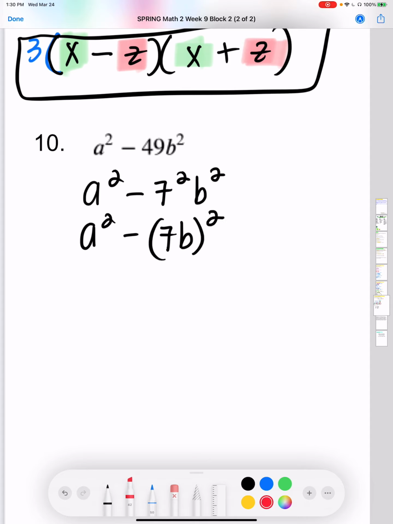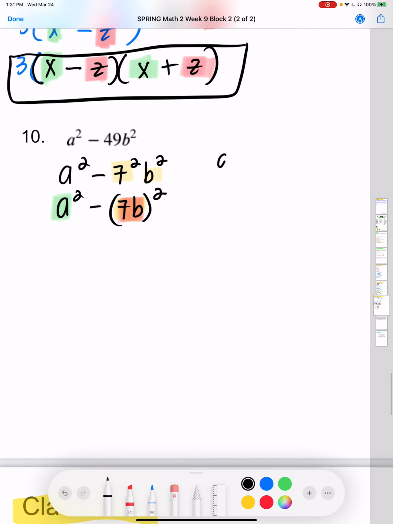Remember that if you have 2 terms and they're both squared, you can take those 2 terms and put them together, put the squared on the outside of parentheses. Now I have an a and a b. So remember, your first term is a, second term is your b. Okay, so I'm going to go ahead and identify my a value, identify my b value.